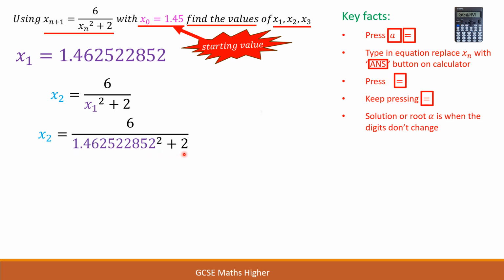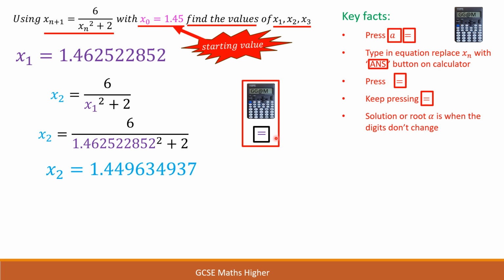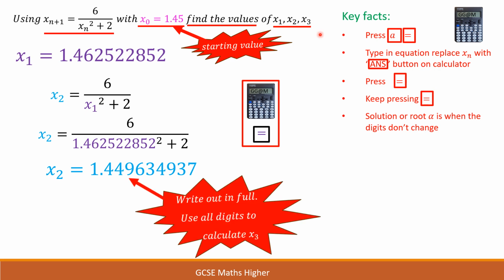On your calculator, all you have to do is press the equals button again, and that will give you the answer of x2, which is 1.449634937. So it's really important you write this whole value down because you'll need to use this to work out the value of x3. So if you write this out in full, you can use all digits to calculate the value of x3.